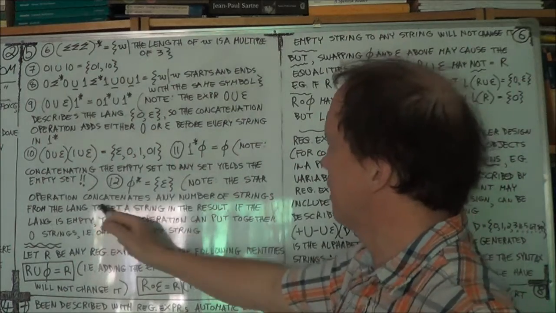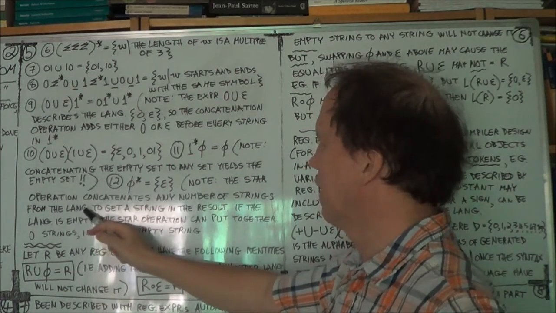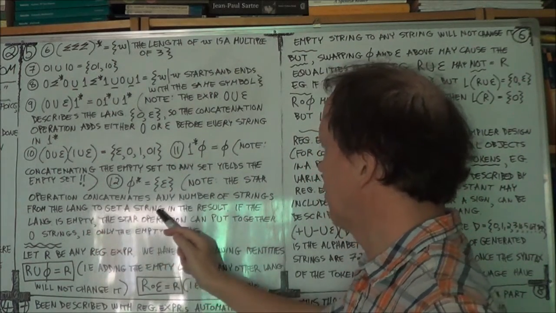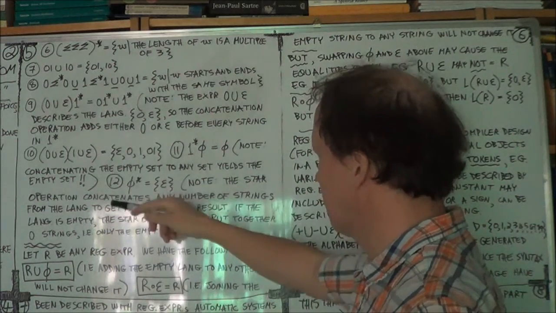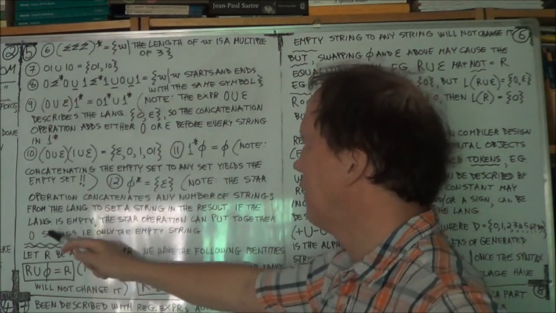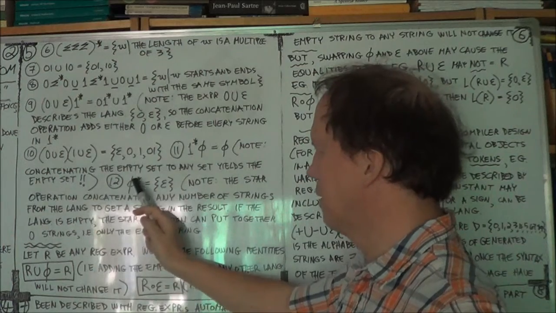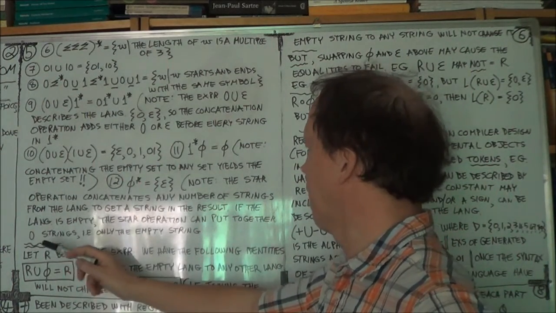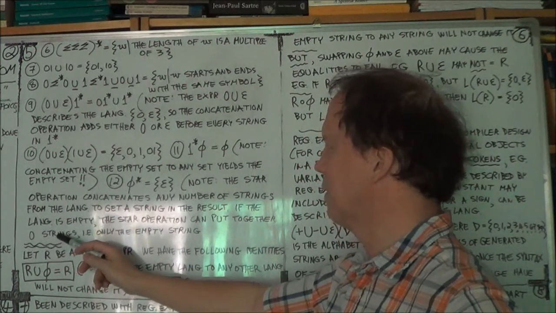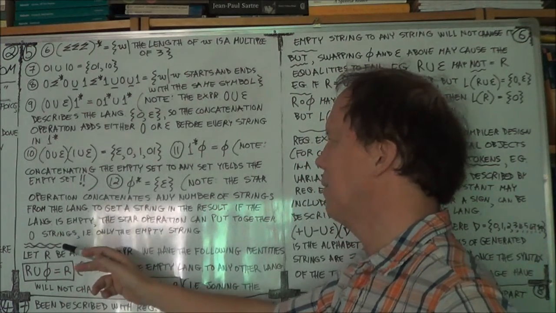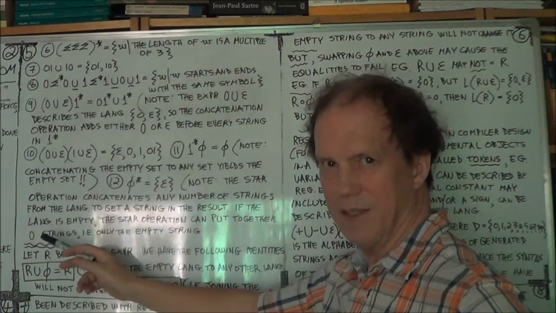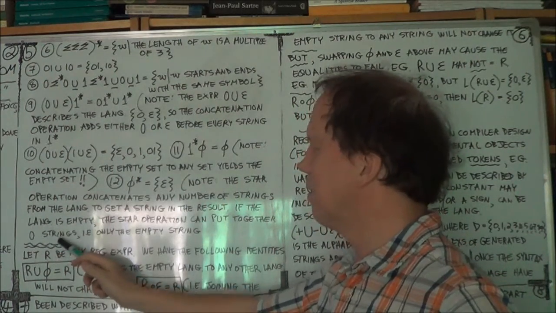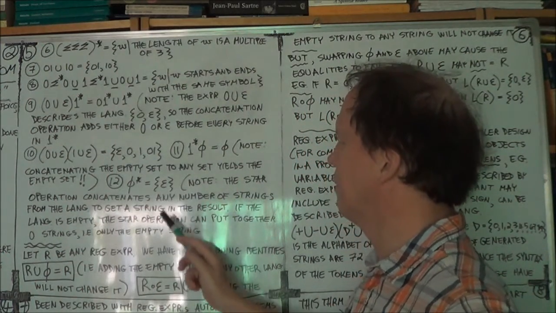Okay, right. So the star operation concatenates any number of strings from the language to get a string in the result. That's just the definition of star in general. Okay, if the language is empty, which it is, the star operation can put together 0 strings. There aren't any strings to concatenate, in other words. And so the result will be the empty string.